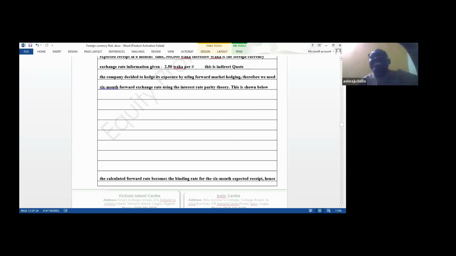Now, Naira has gained 4%, which means that Waka has lost 4%. If Waka lost 4%, more of Waka is needed to buy 1 Naira.